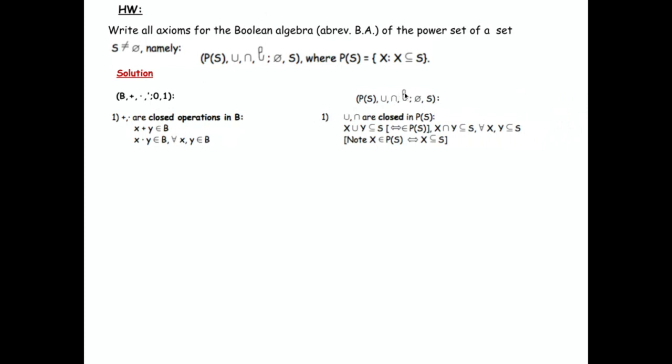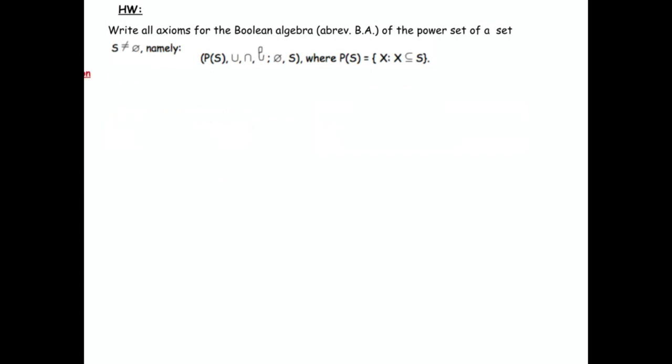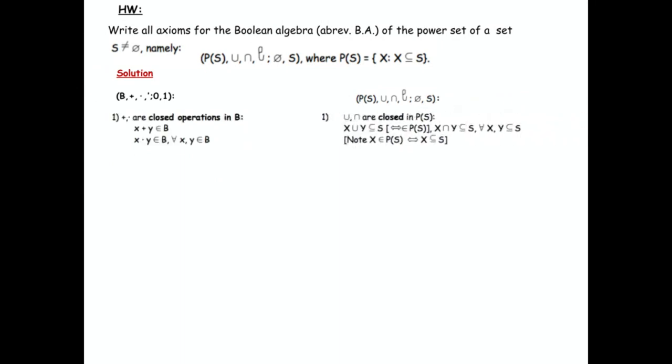Okay, so now we're going to express it using union and intersection. So we will say that instead of or and and, union and intersection are closed in the power set of S. So X union Y is a subset of S, and it's the same as being part of the power set of S, right?